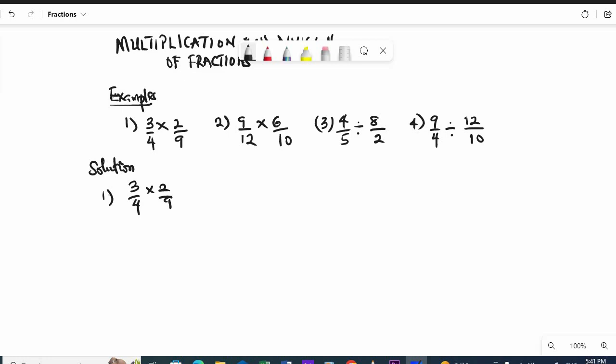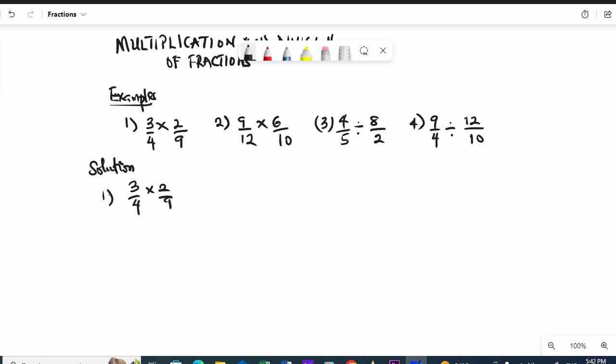So what you want to do here is consider both the numerator and the denominator in each of the fractions, and see how the numerator in the first fraction can divide the denominator in the fraction on the opposite side, and how the numerator in this fraction on the opposite side can divide the denominator in this fraction on the other side.